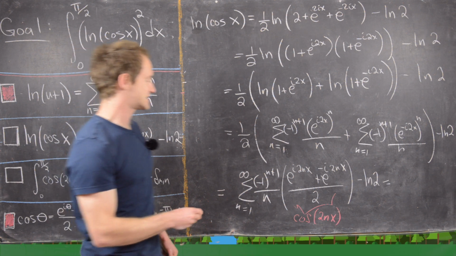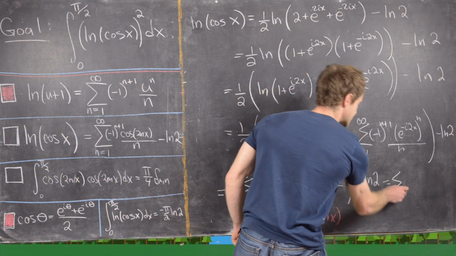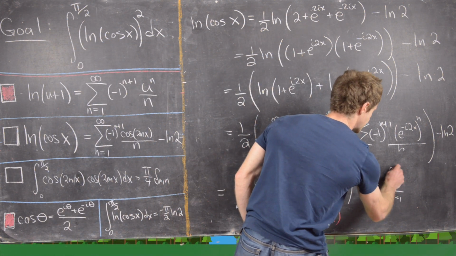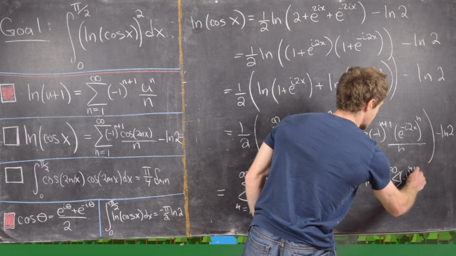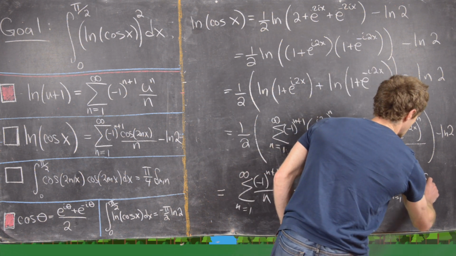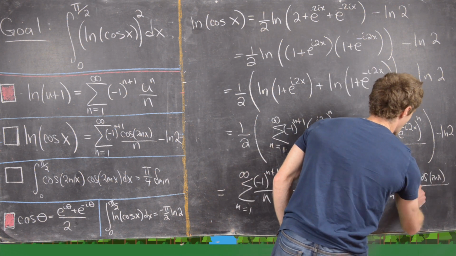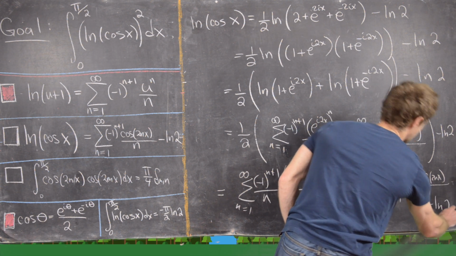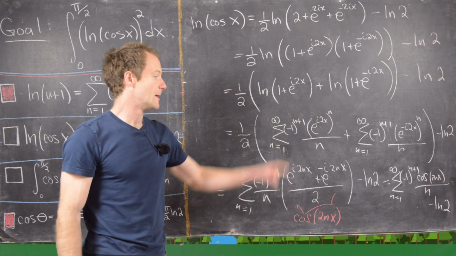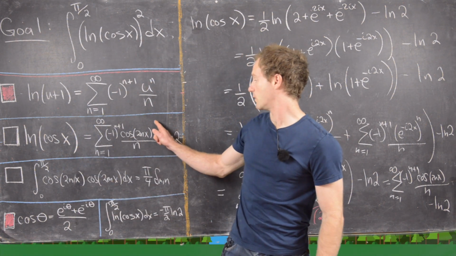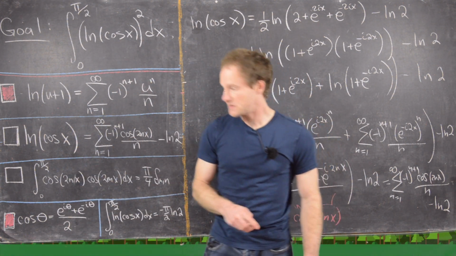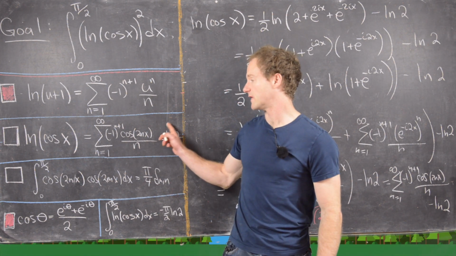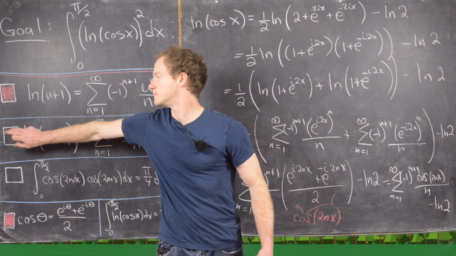So making that substitution, we have that this is the sum n equals 1 to infinity of (-1)^(n+1) times cosine 2nx over n, and then finally minus natural log of 2. Okay, but that's exactly what we wanted to end up with. So we finished proving this bullet point.